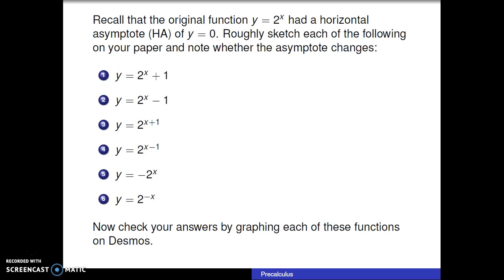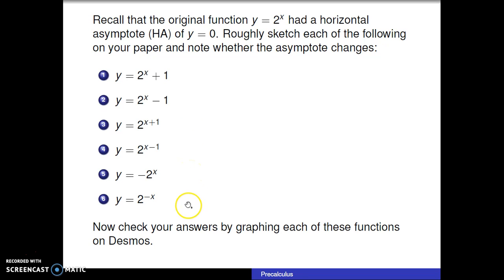And one thing that we'll be particularly interested in is what happens to the asymptotes with these kinds of shifts. Does the original asymptote move or not? Remember, the original asymptote was right on the x-axis. If you'll sketch each of these on your paper, just do a really rough sketch, and tell me whether the asymptote moved. This is that 2 to the x shifted up 1, down 1, left 1, right 1.